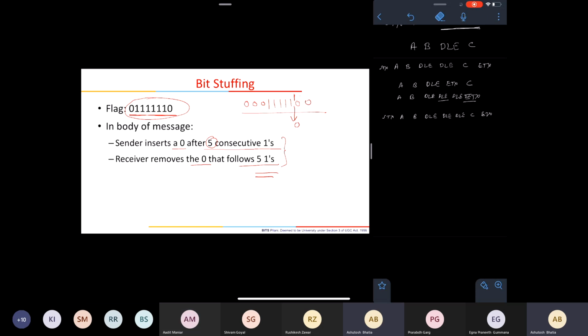But that is not solving your problem, because in that case, this flag pattern will still be present inside the transmitted message, isn't it?